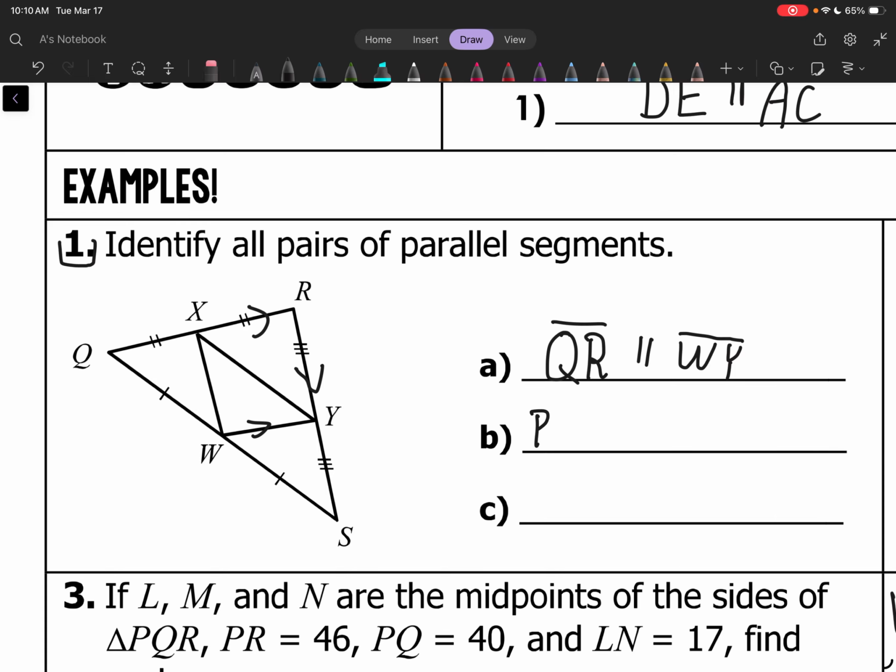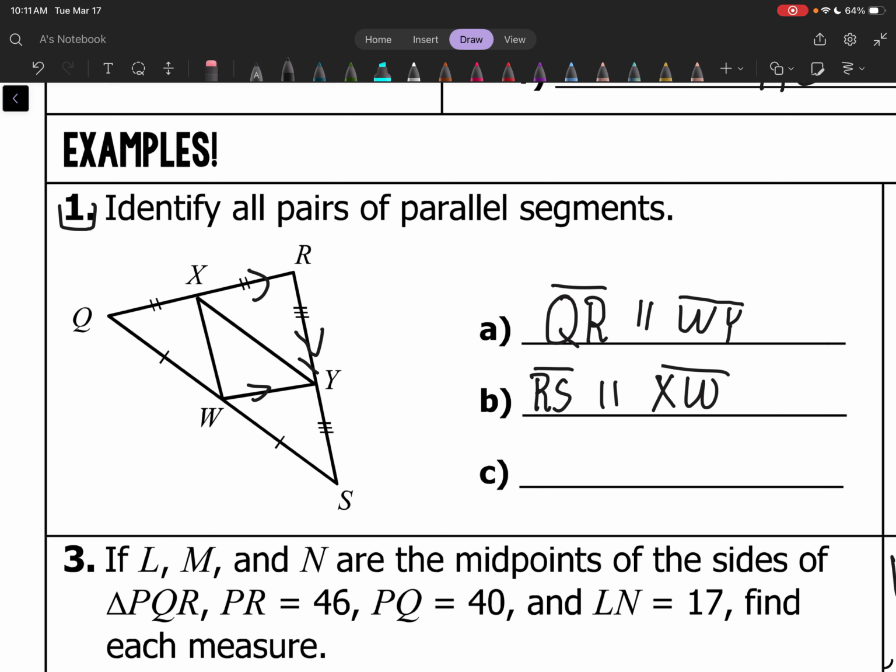RS is going to be parallel to XW. And lastly, QS is parallel to XY.